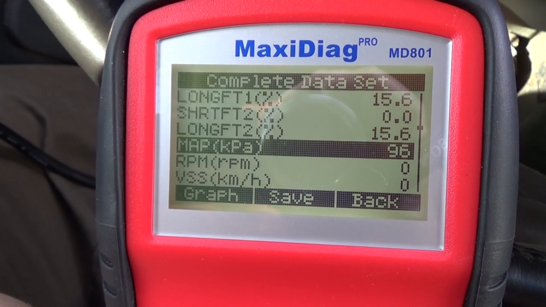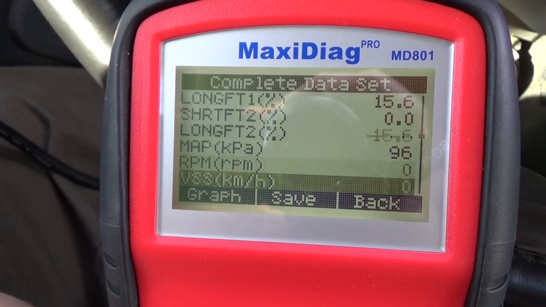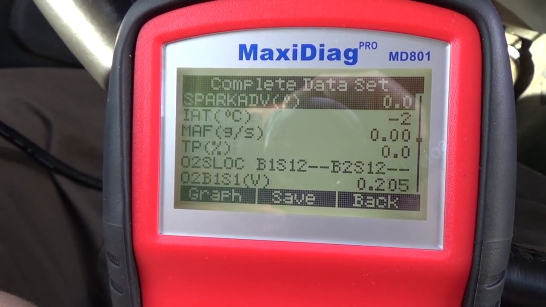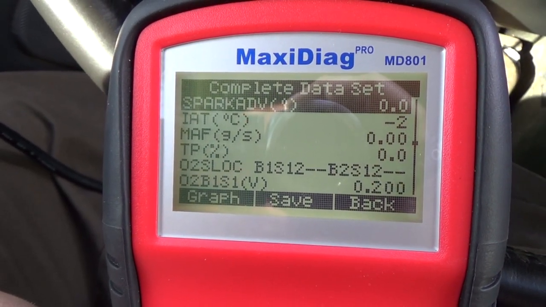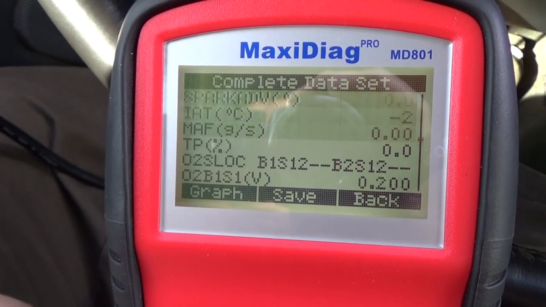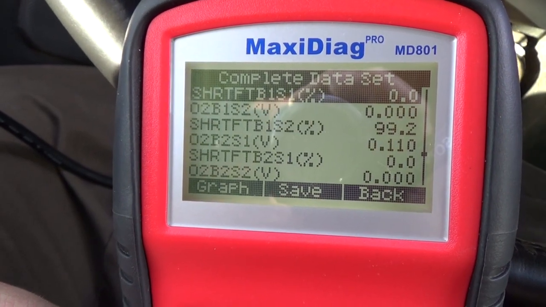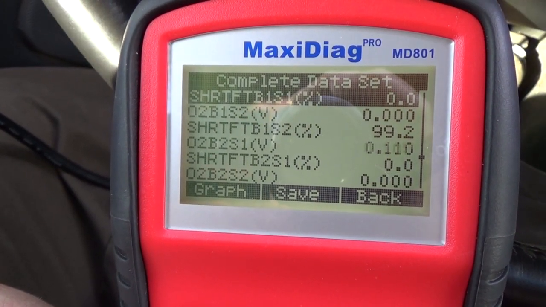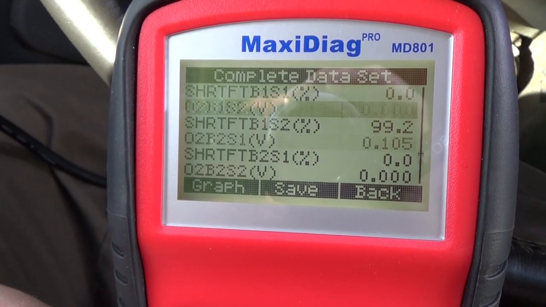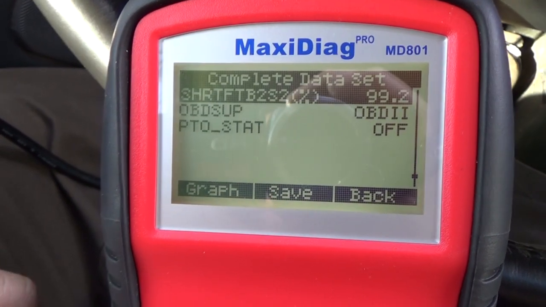RPM 0, of course, we're not running right now. Wow, she's really cold. I should have put her inside for a bit. Spark Advance, MAF. That's airflow, I think. All these short forms, eh? A lot of zeros there, which will probably change once we start.